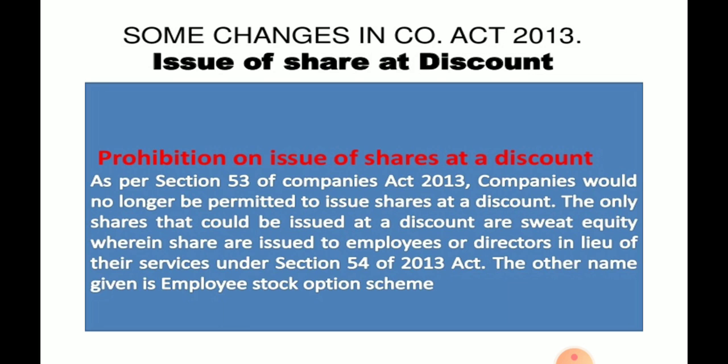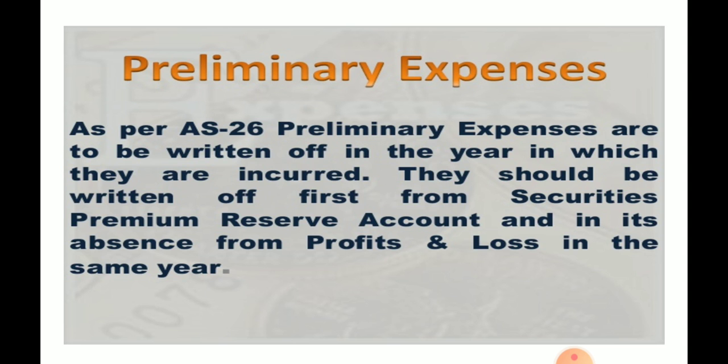So if the company wants to issue shares at a discount, they have to issue sweat equity. Sweat equity shares are those issued by the company to its employees or directors at a discount or for consideration other than cash, for providing know-how or making available intellectual property rights. Okay, so it can be issued only to members of the company.